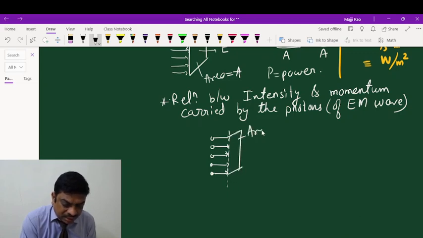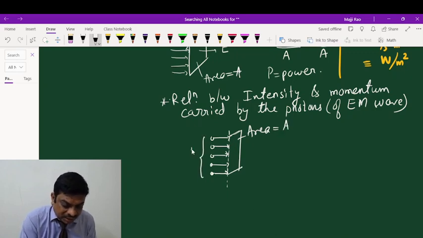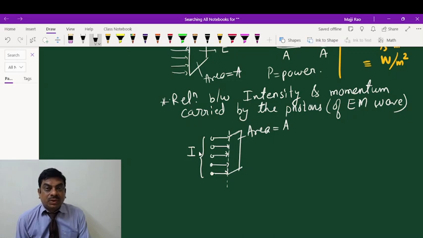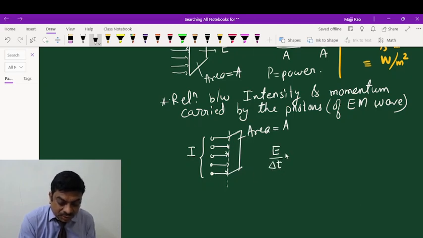I take the area as A. Let us say the intensity is I. Then we can see that the energy crossing per unit time will be energy crossing per unit time per unit area multiplied by area.